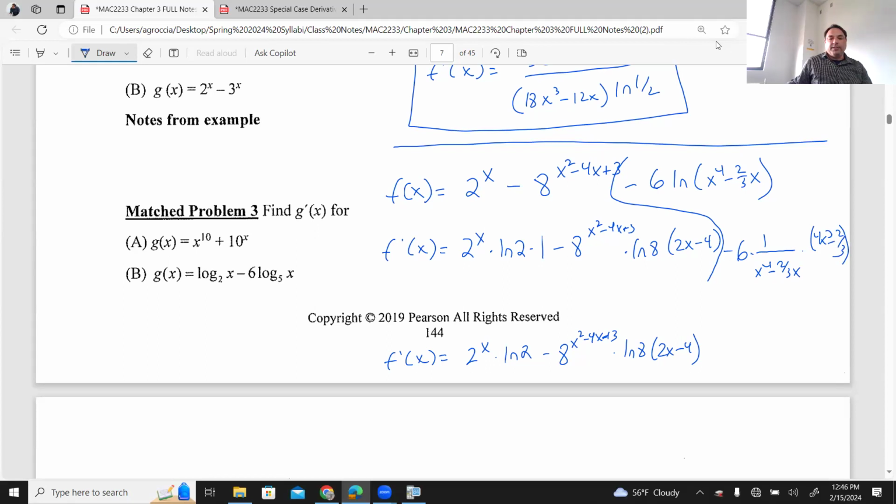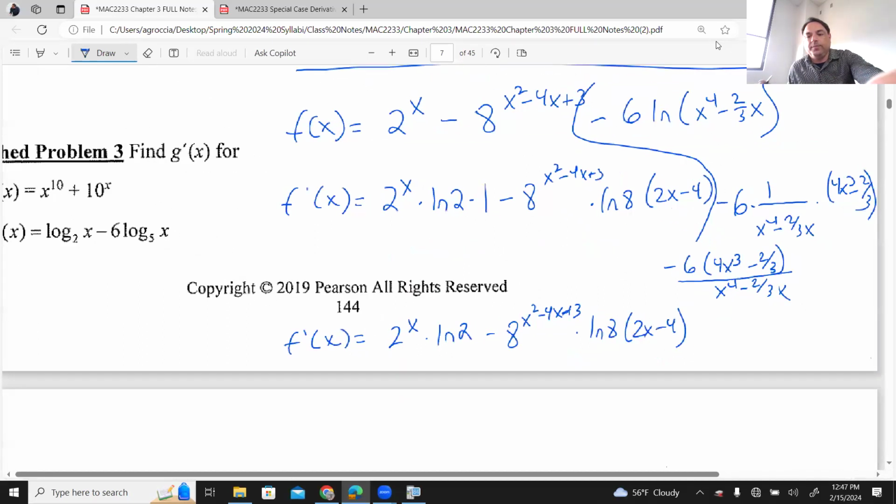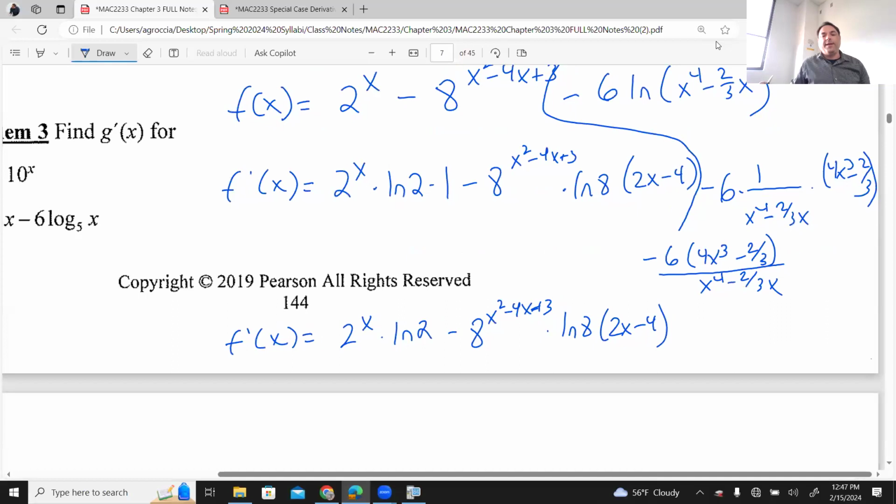So let me rewrite that over here. So we have minus 6 times 1, which doesn't change anything, times 4x to the third minus 2/3 over x to the 4 minus 2/3 x. Sorry, that's so small. Make it a little bit bigger for you. Okay.